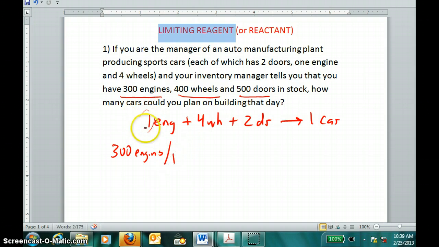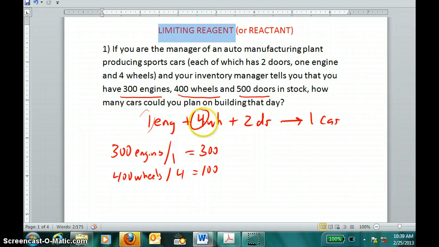So if I divide by that coefficient, I get 300, implying that I could produce 300 cars based on the engines. However, with 400 wheels, and the fact that we use 4 for each car, I could only produce 100 cars, at least if I wanted wheels on all of them.